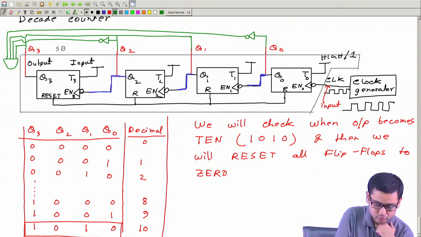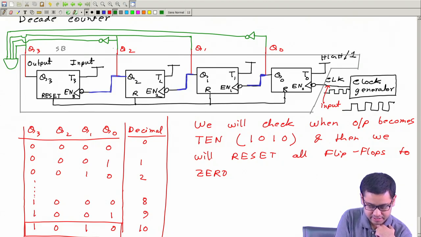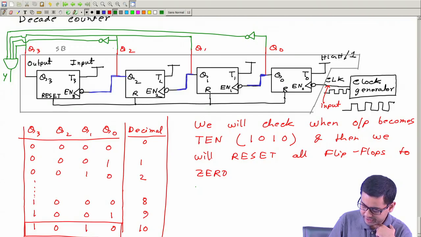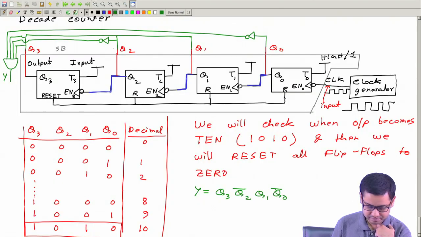You can take 2 input AND gates also, 2 signals at a time, then the other 2 at a time, and then the result of them together. That's also fine. But because I do not have space, I'm taking a 4 input AND gate. Call this function y. Then y is the same as Q3, Q2 bar, Q1, Q0 bar.